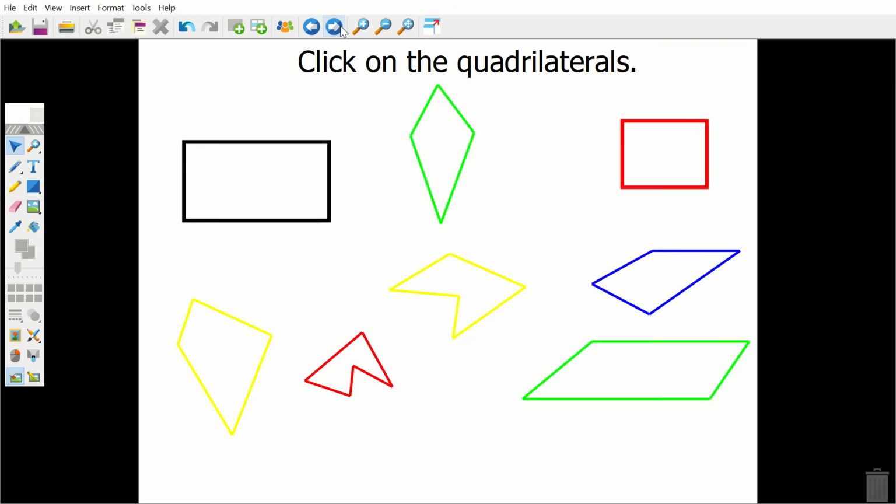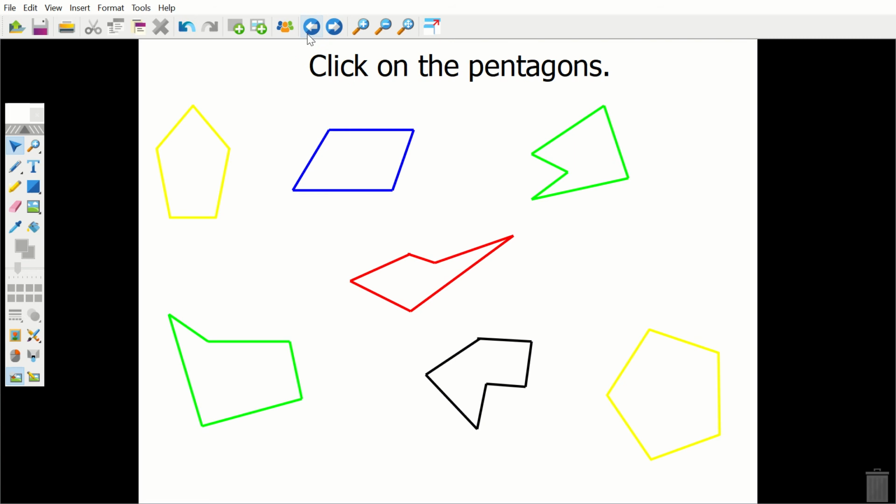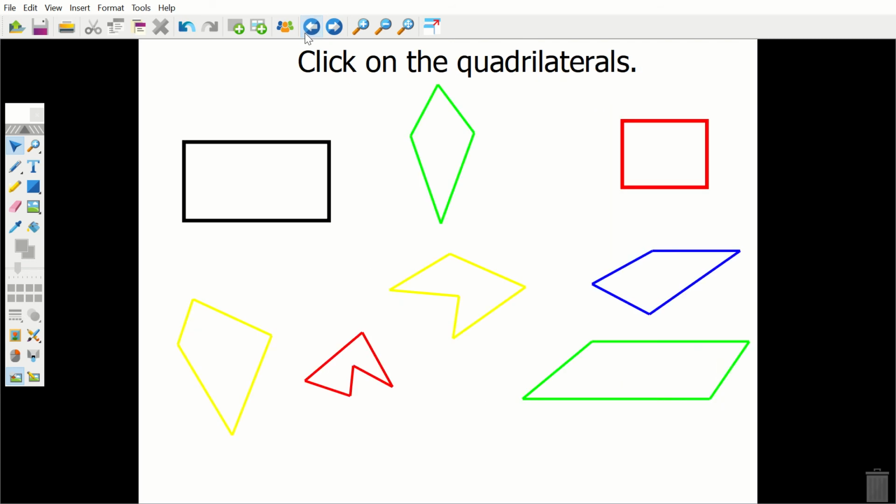Now we move on to our four-sided figures. These are called quadrilaterals. There are various types of quadrilaterals. You can see here, this one is a rhombus. It is like a diamond, but where two sides are longer than the others.